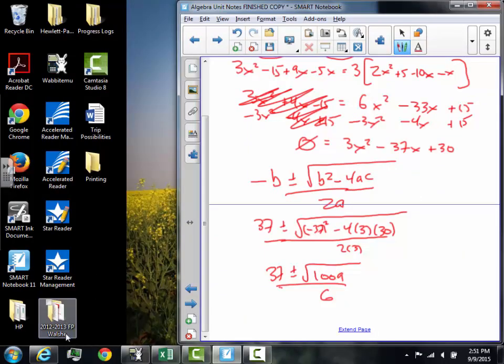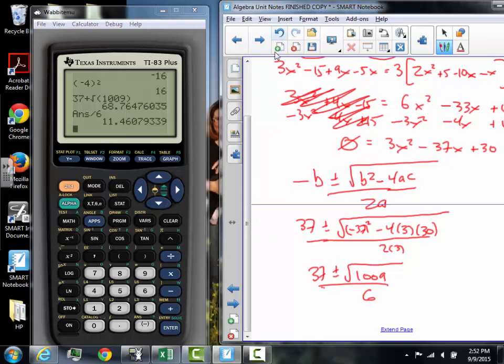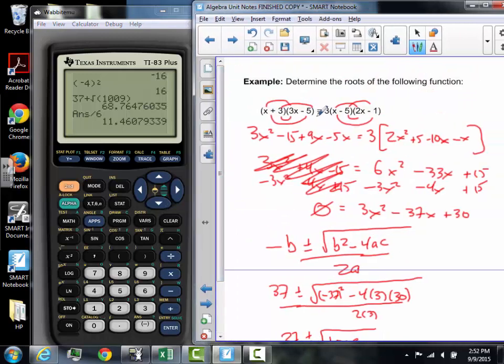So, let's see. Let's go 37 plus root 1009, and then divide it by 6. That's what I'm going to use for my answer button from now on. And if you guys have a calculator that can go back up, you can just do that. So, our original question was to find an x value that makes both sides of these things equal to each other.